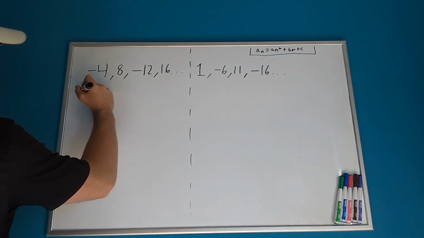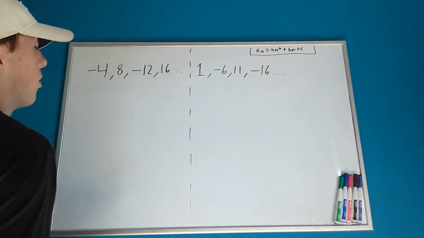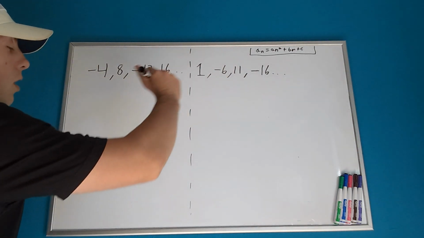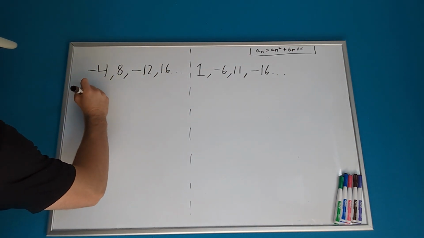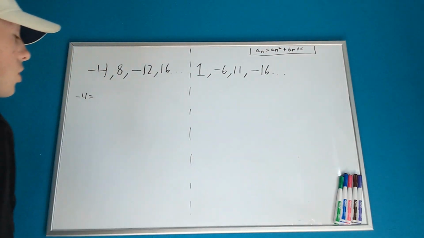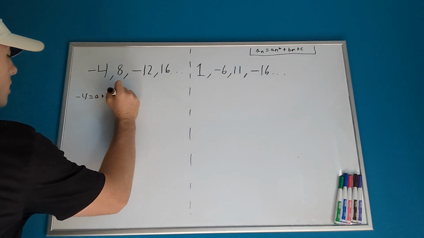The way I like to do it is set up a system of equations. The nice thing is we already know a base n. That'll be -4 when n is 1. Now when n is 1, all the n terms cancel out, so we get -4 equals a plus b plus c.